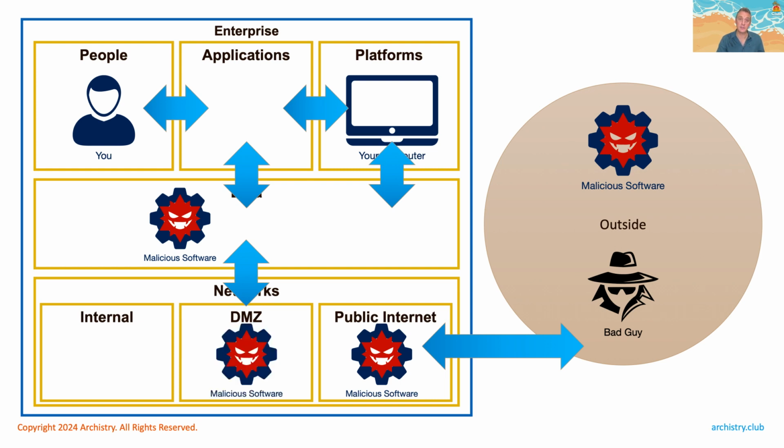Can it be added to our DMZ? Yes or no? If that element is successfully added, are we going to allow it to be added to our internal network? I don't know, but we've got another set of rules, another enforcement point, and another conceptual trust boundary that we have established and maintained.